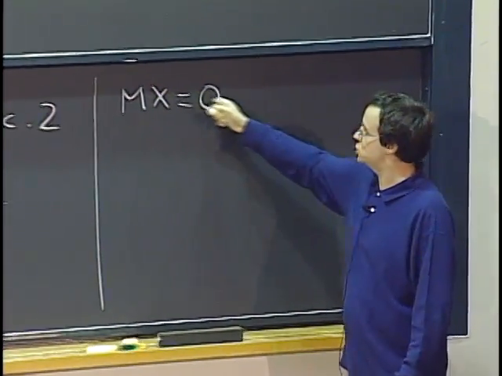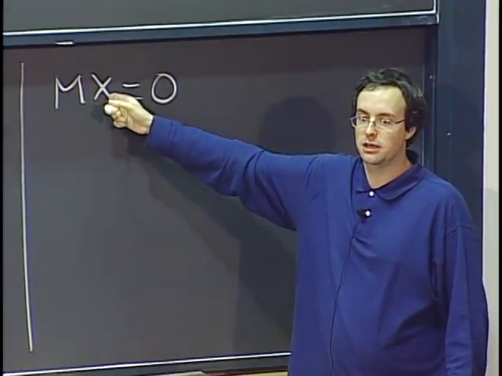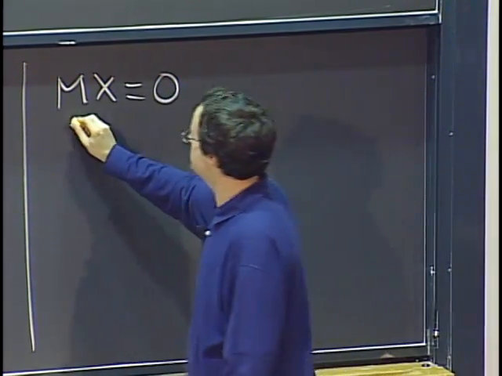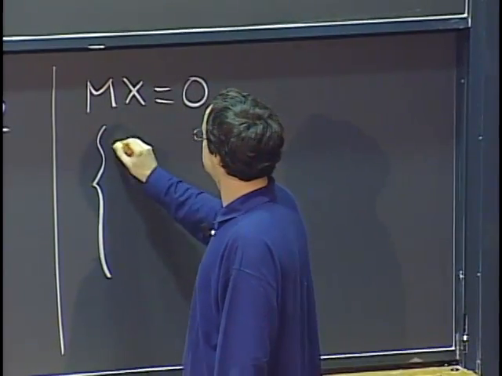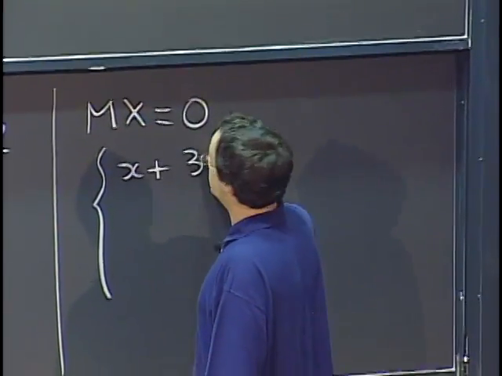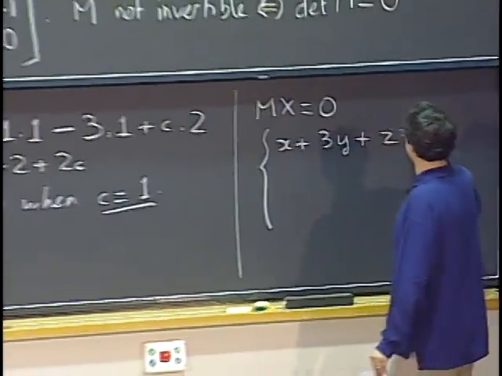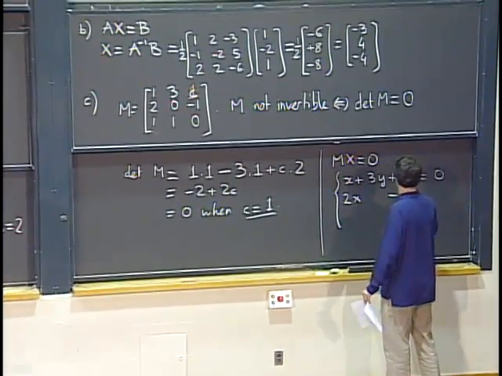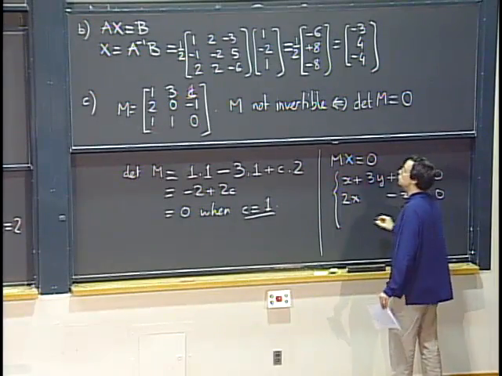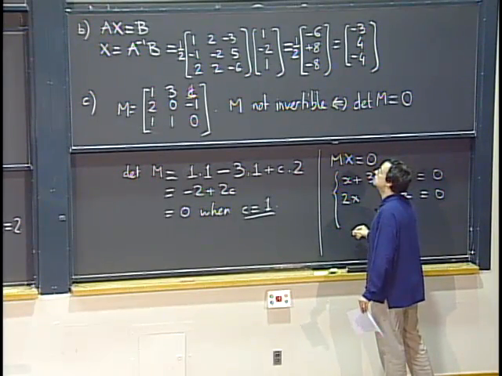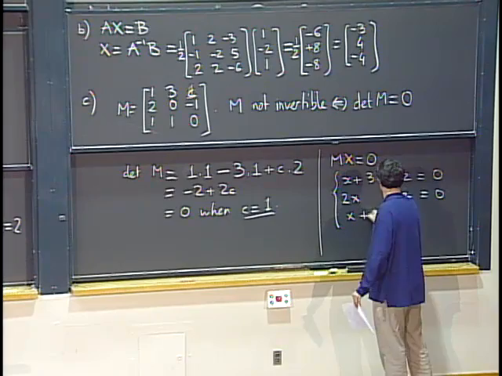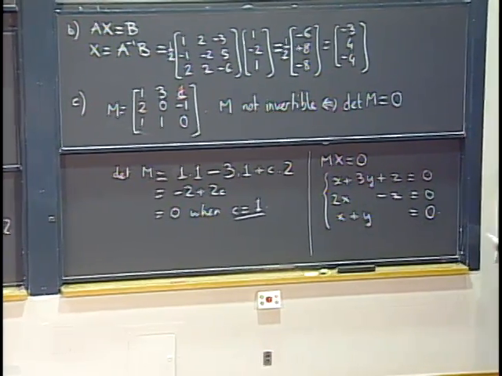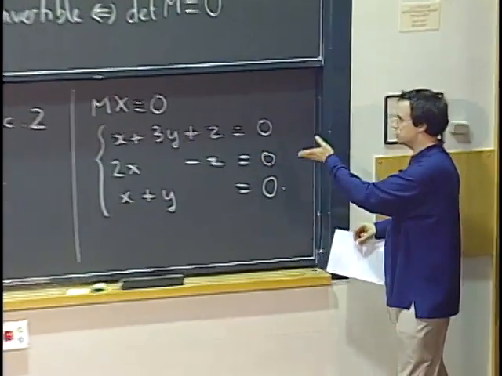But here there's an obvious solution. Namely, x equals 0 is a solution. Maybe let me rewrite it more geometrically. That's x plus 3y plus z equals 0, 2x minus z equals 0, and x plus y equals 0. So you see we have an obvious solution, 0, 0, 0.